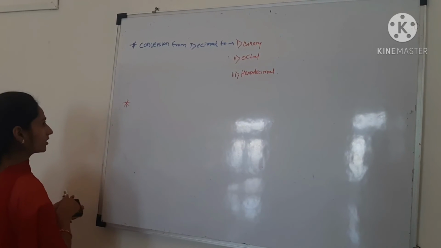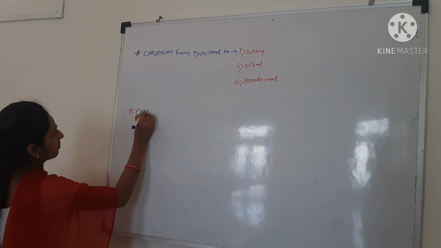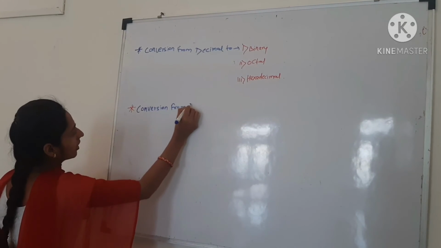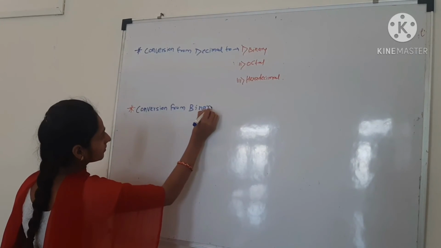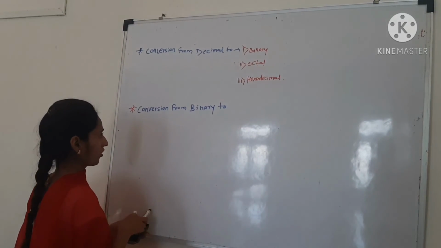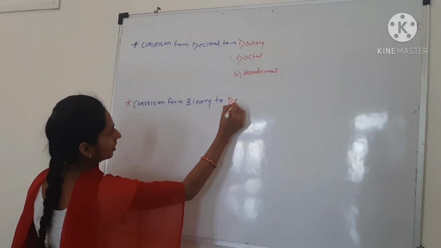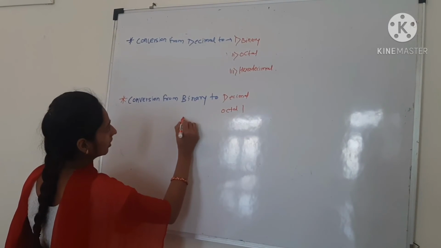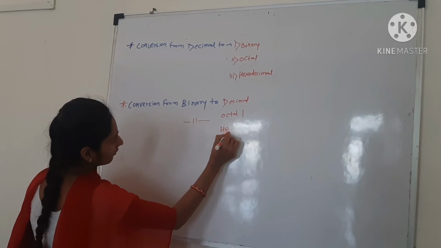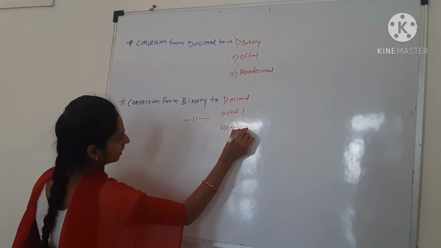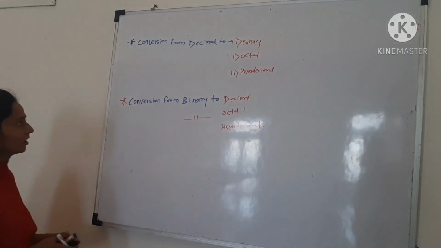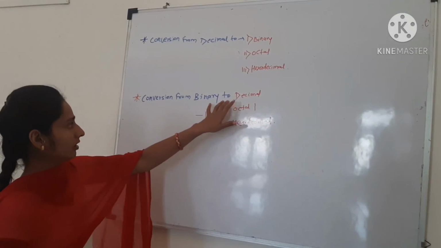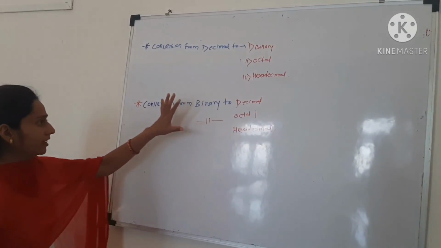Next we saw conversion from binary to decimal, octal and hexadecimal. For binary to decimal we do the conversion by multiplying and taking powers of 2.